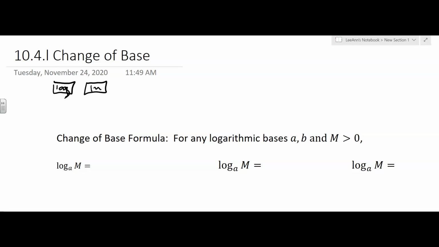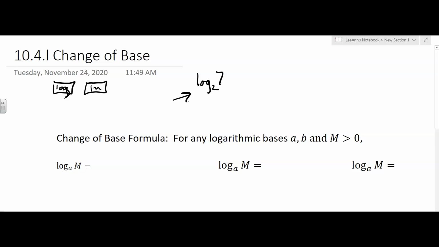But we don't have any other bases. So you might say, well, what do I do if I want to know log base 2 of 7? Well, we have a property that allows us to change the base of a logarithm to any base we want. Okay? So right now, this is log base 2 of 7.